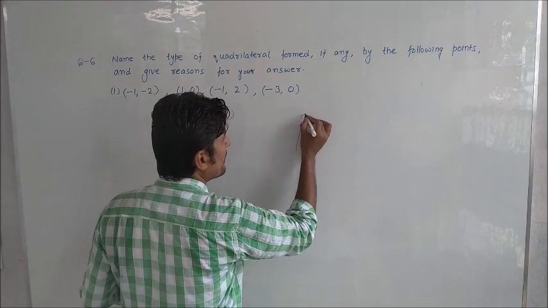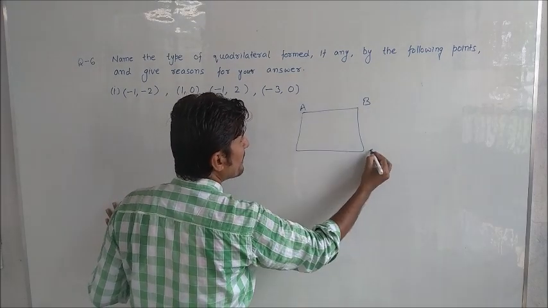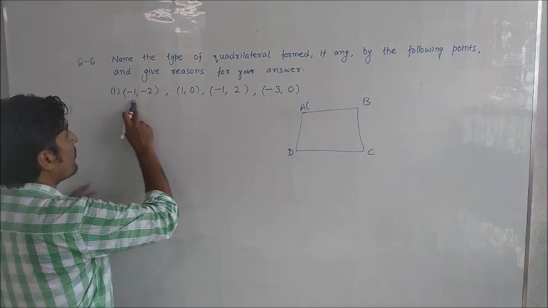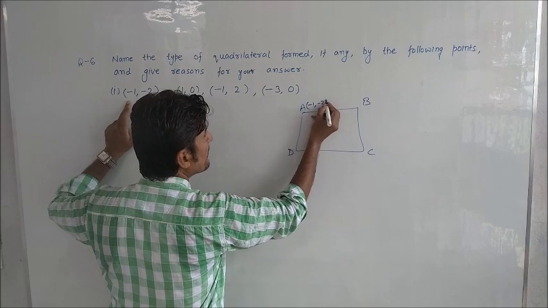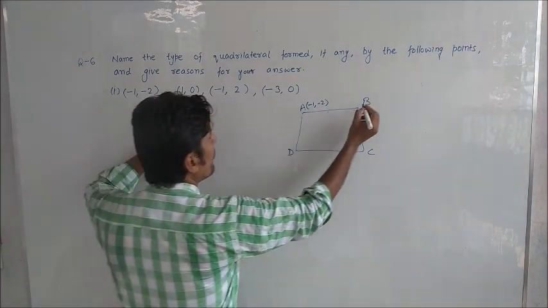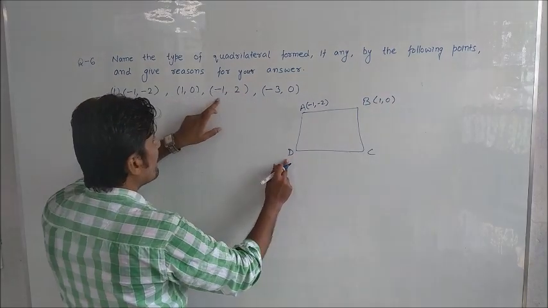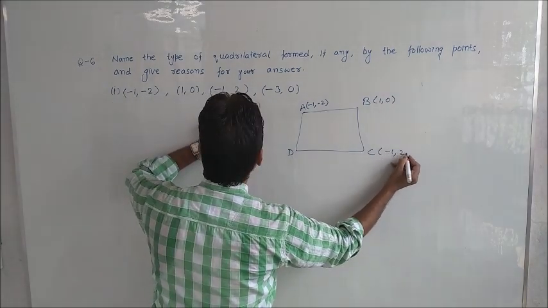Suppose we are having a quadrilateral ABCD. Let the coordinate of point A be -1, -2. Coordinate of point B is 1 and 0. Coordinate of C is -1 and 2.